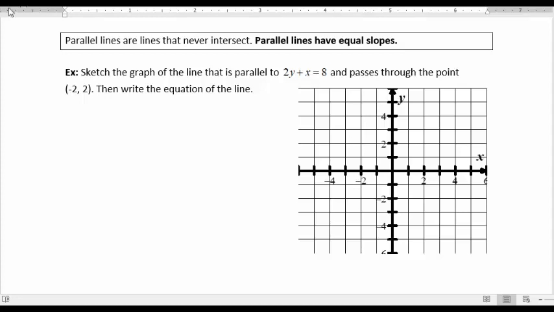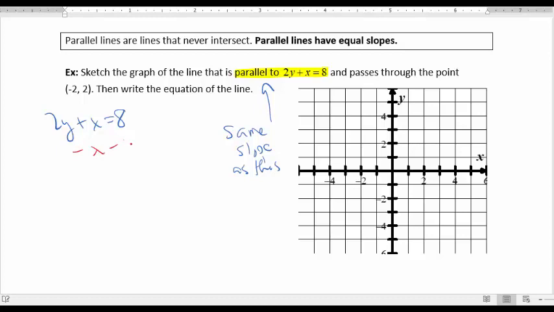So if we're given a question like this: sketch the graph of the line that's parallel to 2y plus x equals 8 and passes through the point negative 2, 2, and then write the equation of the line. Well, I know it's parallel to 2y plus x equals 8, which means it has the same slope as this line. So let's find out what the slope of this line is by putting it into our y equals mx plus b form.